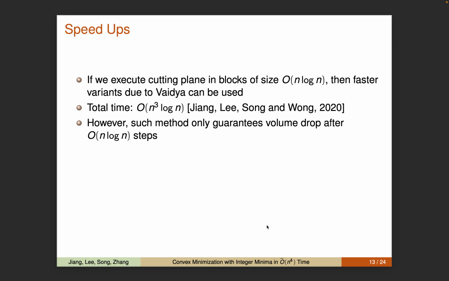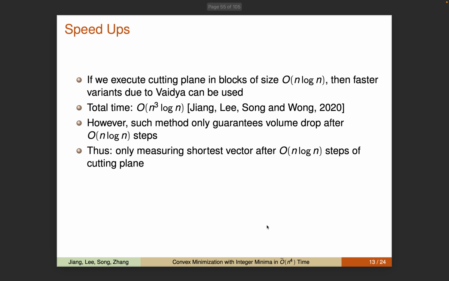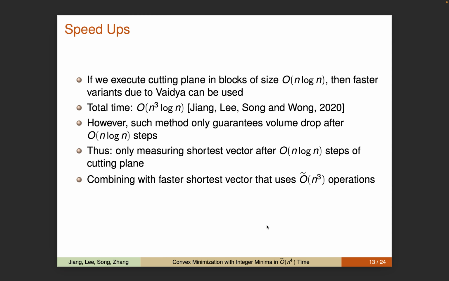However, if you use this cutting plane method, the volume drop is only guaranteed after O of n log n steps. This means that we can only measure the length of the shortest vector after O of n log n steps of cutting planes. Of course, we will see later this comes at the price of a worse oracle cost.